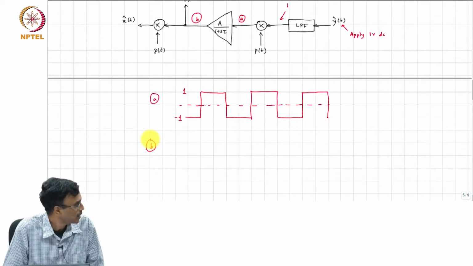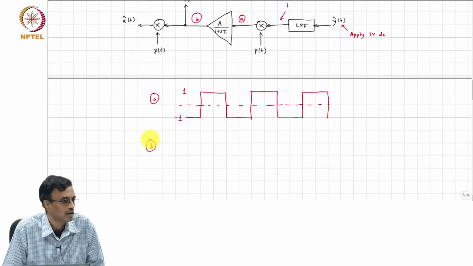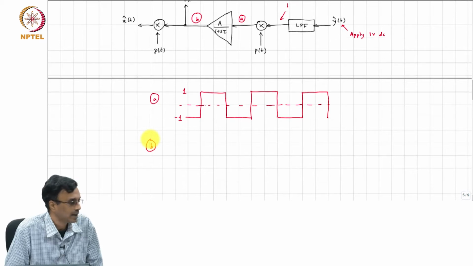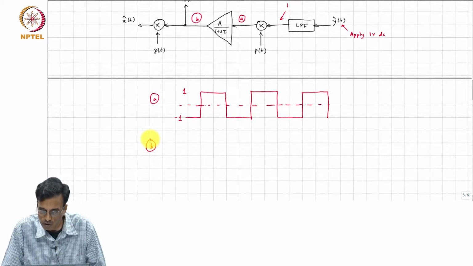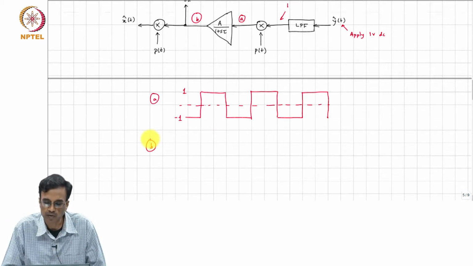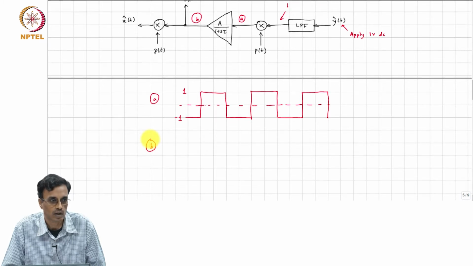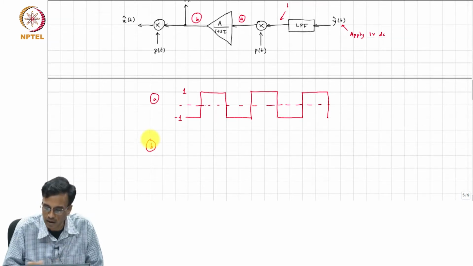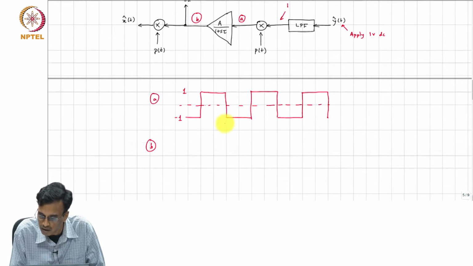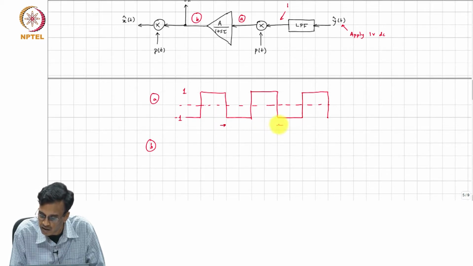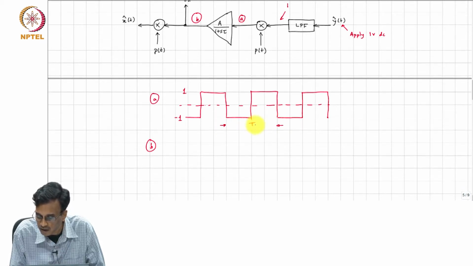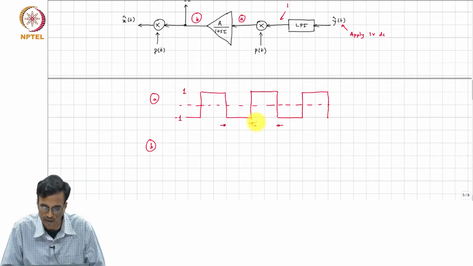A square wave is passed through an amplifier with a DC gain of A and a bandwidth and a time constant corresponding to tau. So, what do you think you will expect to see at the output? Let us assume that, remember what is this duration? This duration is Tc, the chopping period Tc.